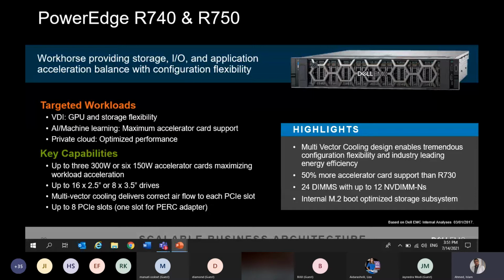The 740 and 750 come with 16 hard drives of 2.5 inch or 8 hard drives of 3.5 inch. That means almost more than around 200 terabytes on the same server.